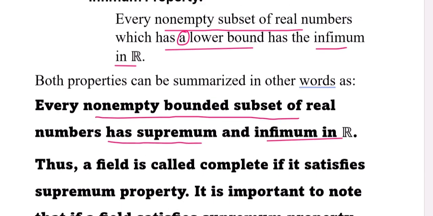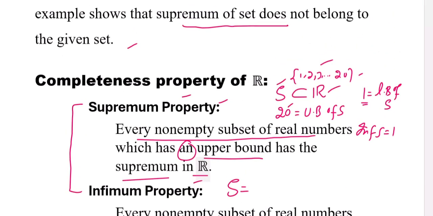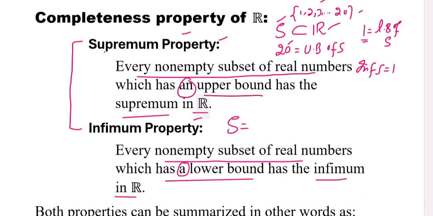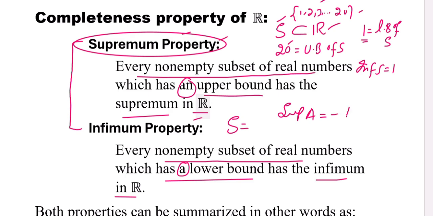In some textbooks, you will see the author just considers the supremum property as the completeness property of R. Because we will verify that actually the supremum of A is equal to minus the infimum of minus A. Similarly, the infimum of A is equal to minus the supremum of minus A. We will verify this result.